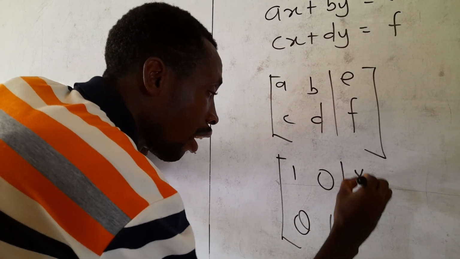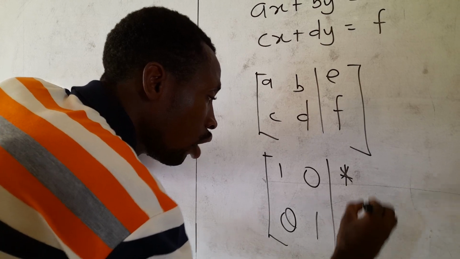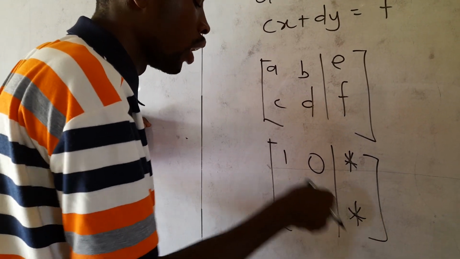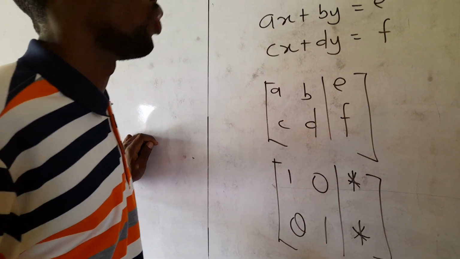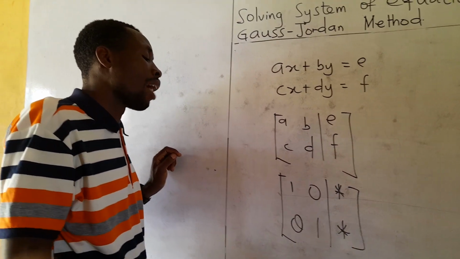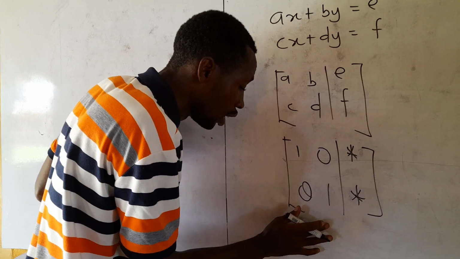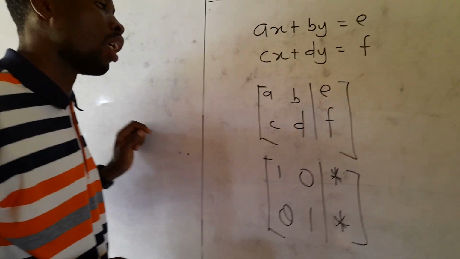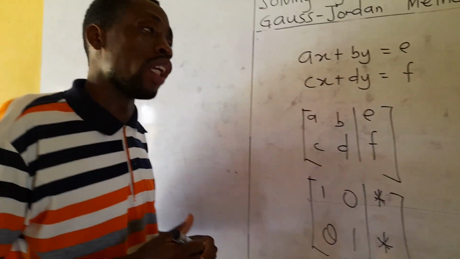Then we have our values here. So after this, our y will be equal to the value here, and our x will be equal to that value here. So in Gauss Jordan, there is nothing like backsolving. Just make the entries in the leading diagonal 1, and the entries below and above the leading diagonal 0. Then you find the value of the unknowns.